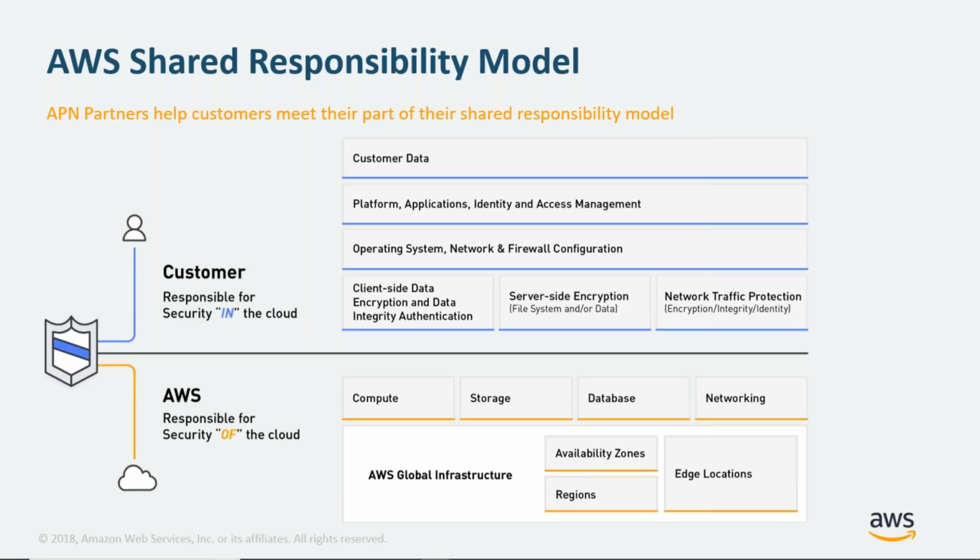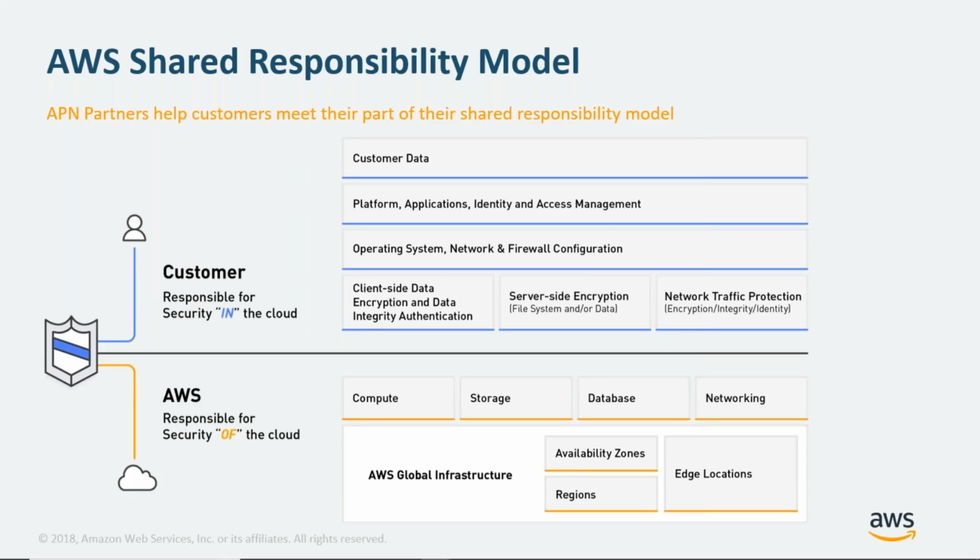AWS, as well as our Amazon Partner Network, or APN partners, provide a large set of tools and best practices that allow you to encrypt your data and protect your data in various ways. So the customer has those available to them to help protect their data and applications.